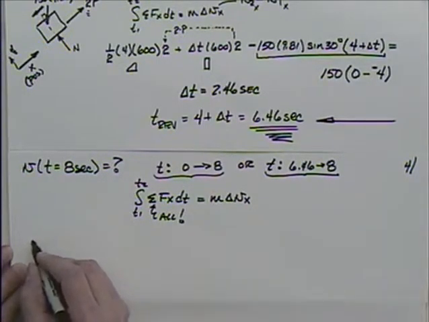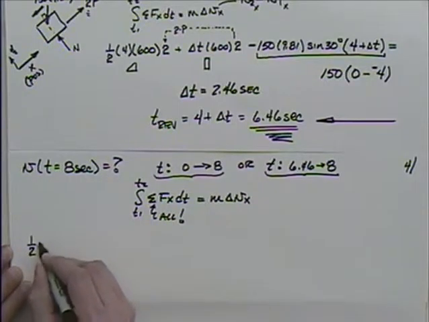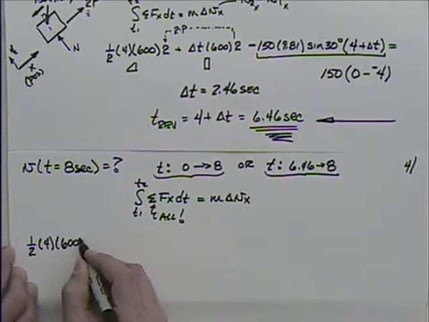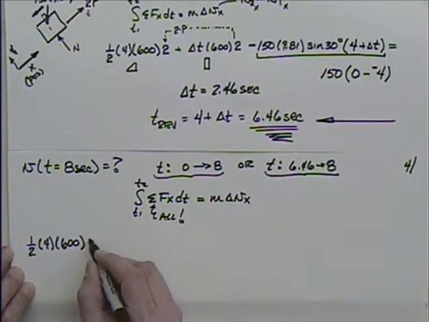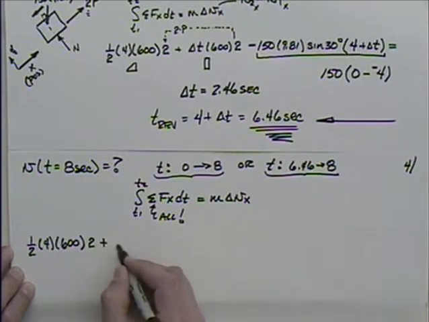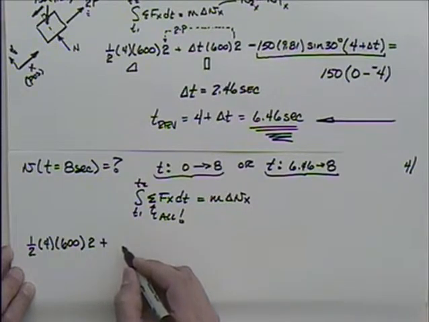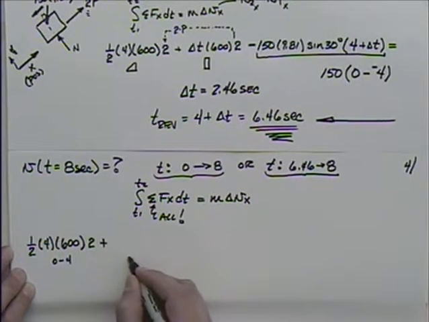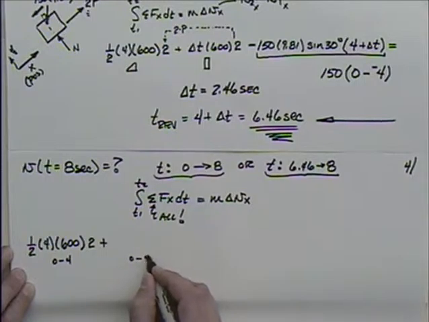So as I go through this, I'm going to have a half times 4 times 600 times 2 plus, and now I don't need the delta t anymore because it's going to be what? Another 4, right? Okay. So this one is from essentially 0 to 4, and then over here I'm going to go 0 to 8.